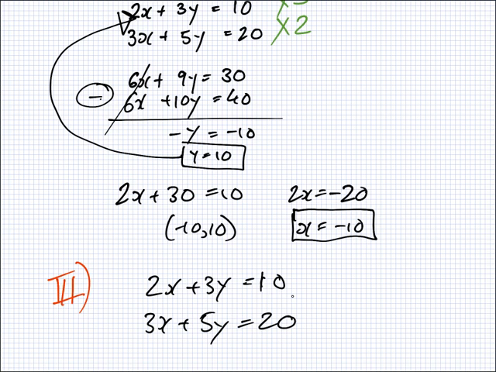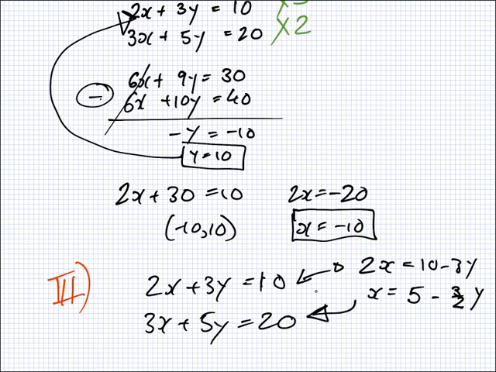There's not really any nice one, is there? Maybe the first one and we, what, x or y? A little nicer than y, I think. So, if you take this here and make x the subject, you get 2x equals 10 minus 3y. So x equals 5 minus 3 over 2y. And then what do we do with that?